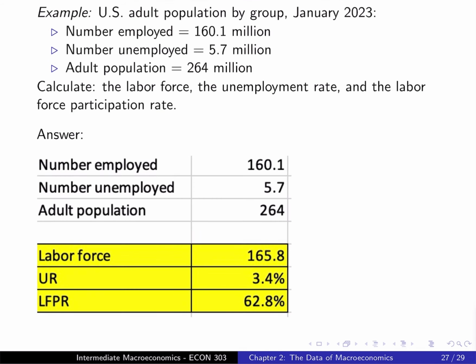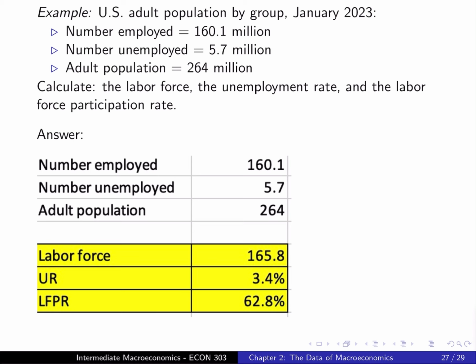Let's walk through a real-world example of how to calculate key labor market indicators. Given: number of people employed equals 160.1 million, number of people unemployed equals 5.7 million, adult population equals 264 million.